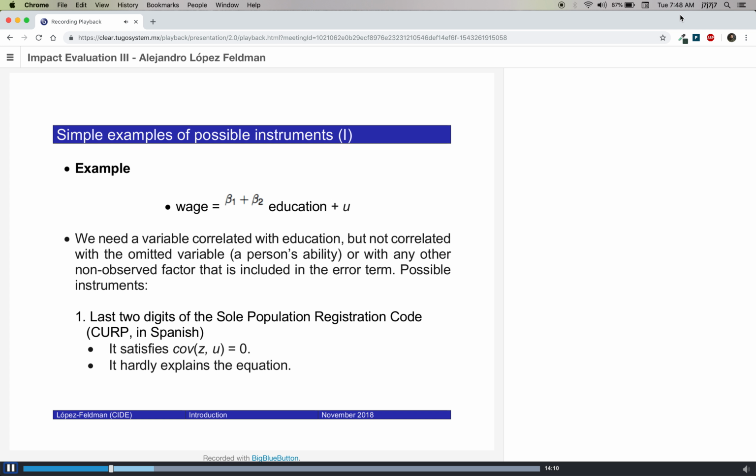This is not a good instrumental variable because it meets one of the assumptions, but not the other. And the assumptions are very, very specific. They are needed so that the model works. And we are going to see this later on. The only thing that we are doing so far is clarifying what is an instrumental variable, and later on we're going to see everything else.